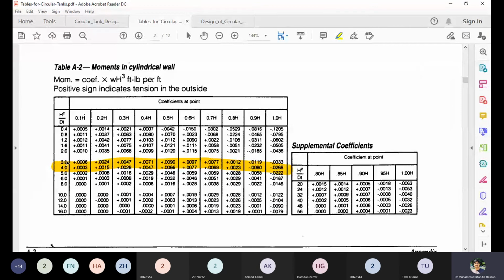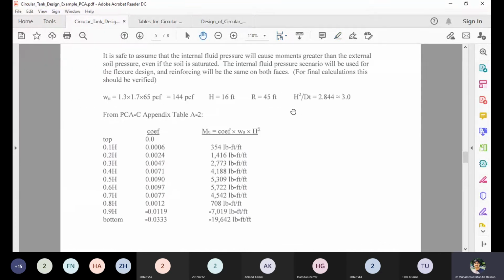Now you can see the coefficients at all depths. You see that the positive coefficients are seen up till 0.8h and negative coefficients are seen after 0.8h. When the moment coefficient is negative, it means that the tension is produced on the water side, and when the bending moment coefficients are positive, it means that the tension is produced opposite to the water side.